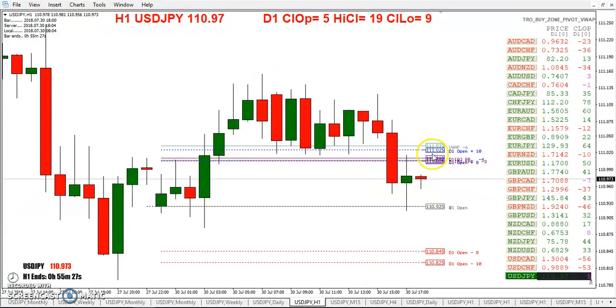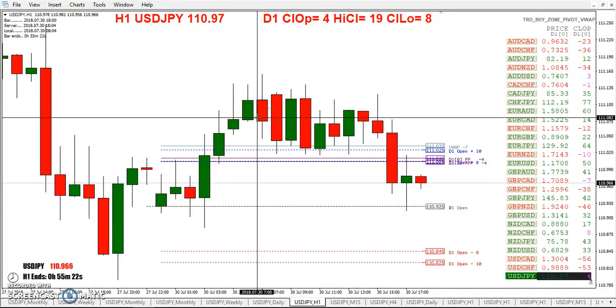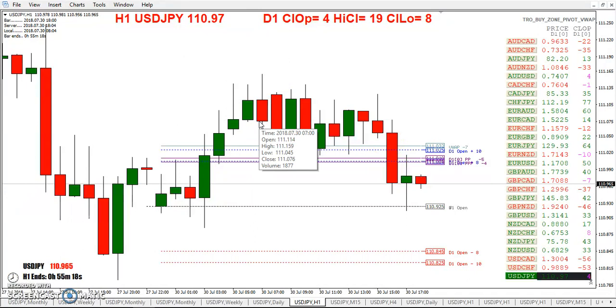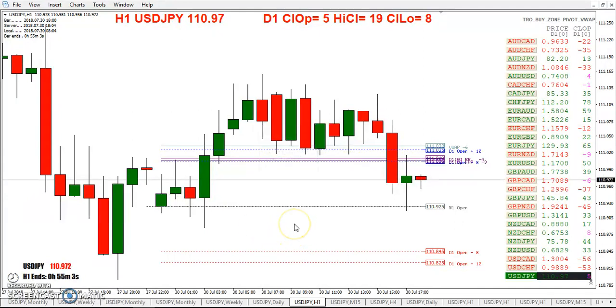And in fact, we have a 111.02 last call there for that, and it actually hit 111.159. So that trade was worth close to 13 pips if you jumped out right at the high. So let's just say you could have made 10 pips off that trade. That's not bad. Pretty simple.